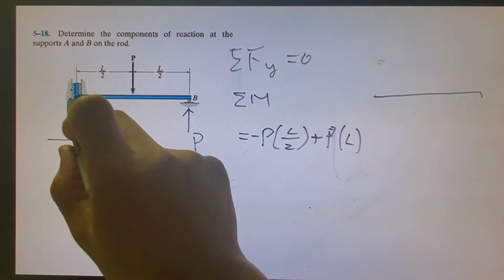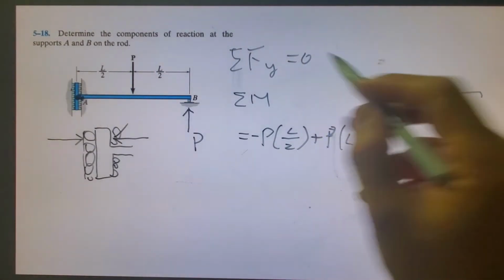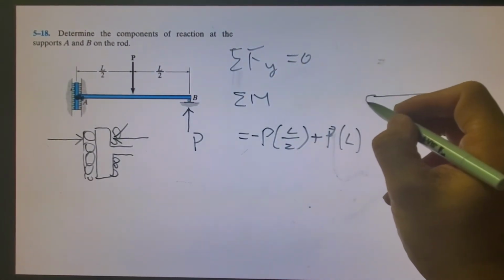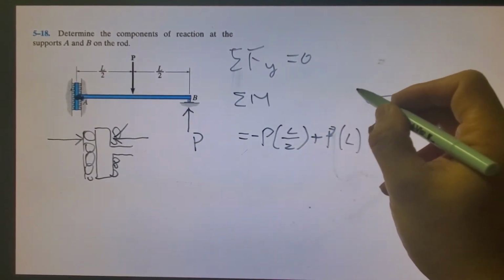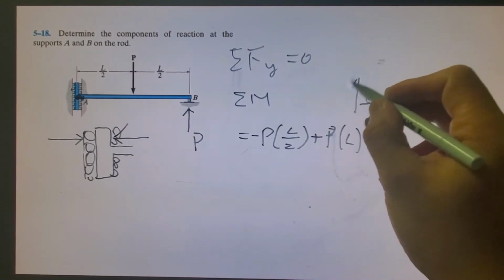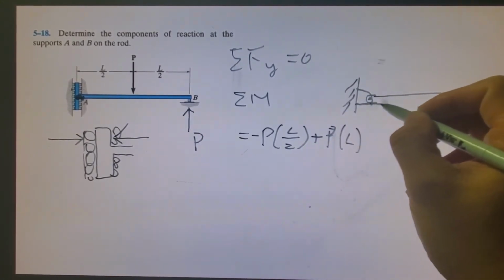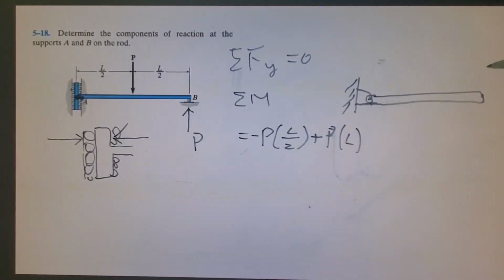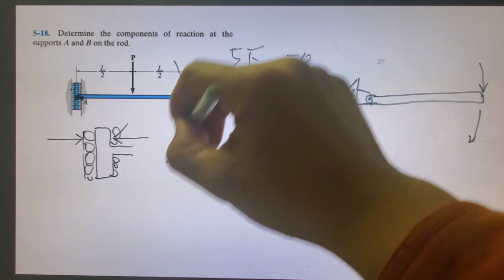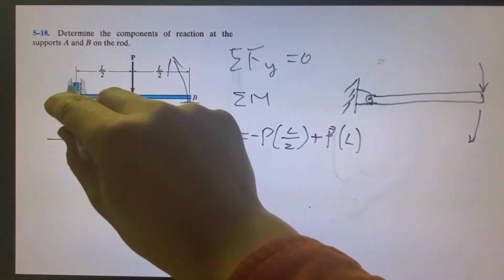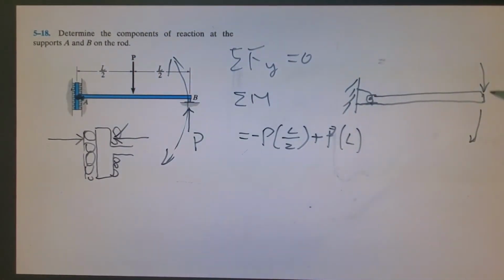For example, if it's not this type of connection, if this one is holding it, something like this, which is allowing it to move freely up and down in this direction, making an arc. See, this one, you cannot move it in this direction, you can't, because this thing is straight. This one, you can move it.